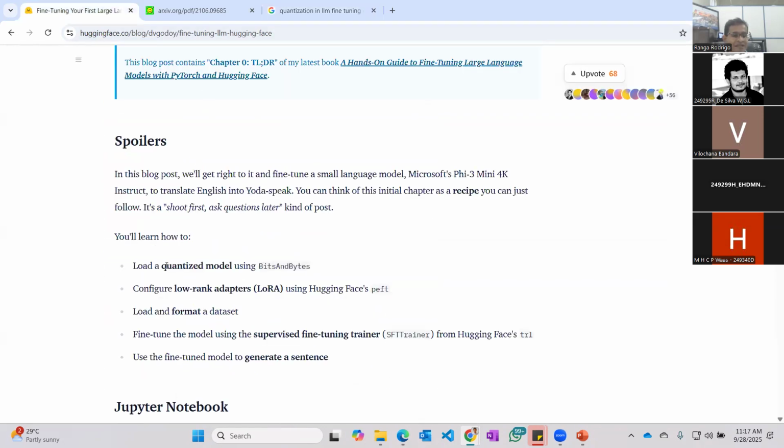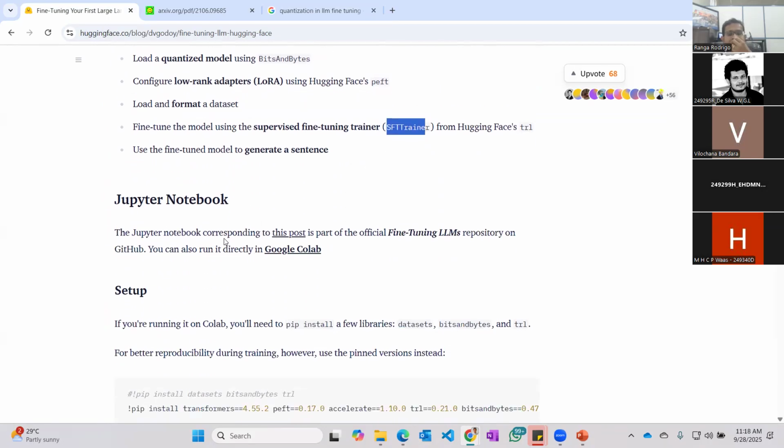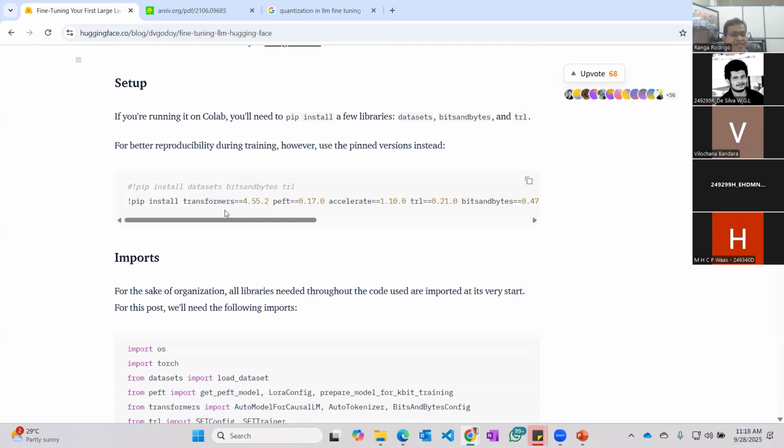Yeah. So you can see a quantized model, a low rank, and then of course the supervised fine tuning, SFT. So running these things is quite easy. You can run these things and see.